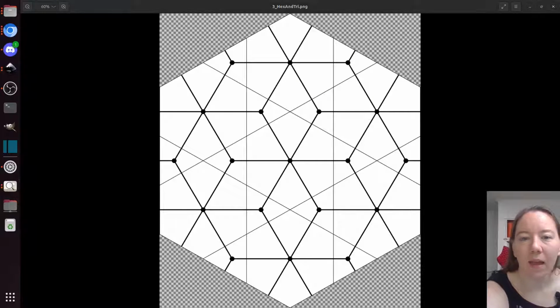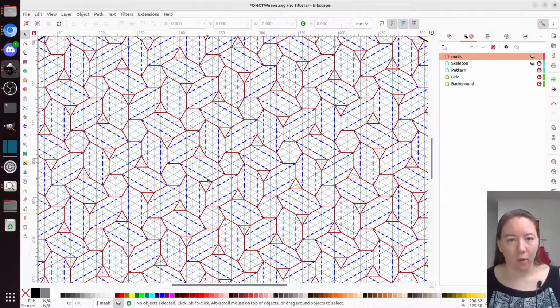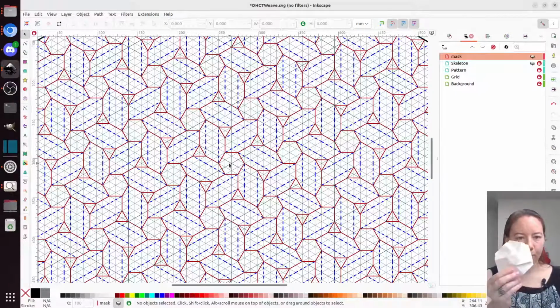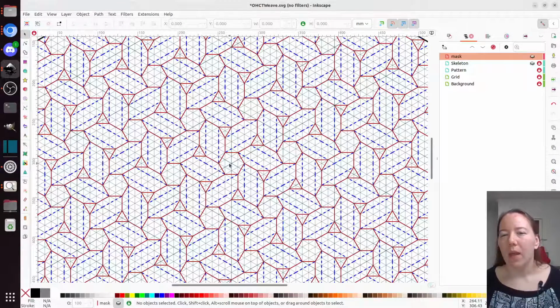Now, if I go to a specific crease pattern, like this open hexagon closed triangle weave, we see an open hexagon, just like I was showing earlier with the open hole on the back, connected to closed triangles all the way around. All 6 of them are closed triangles. That's true for all of these hexagons.